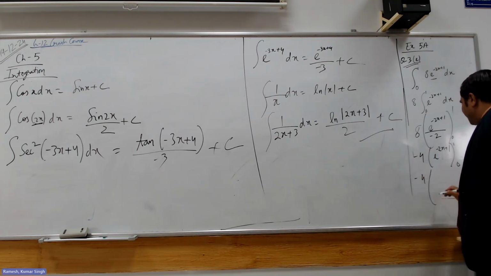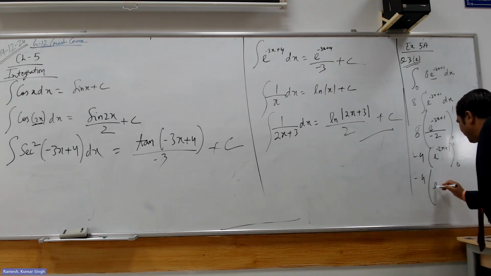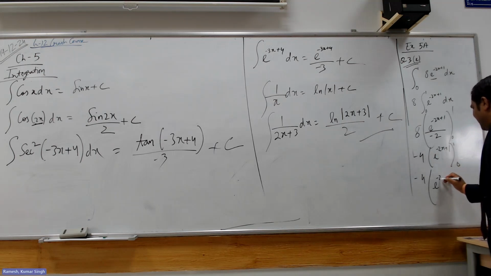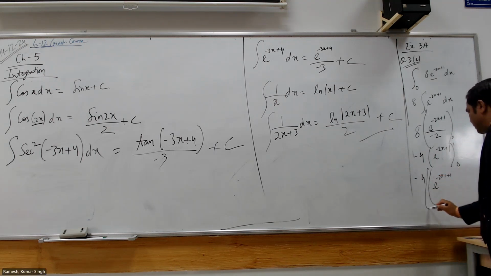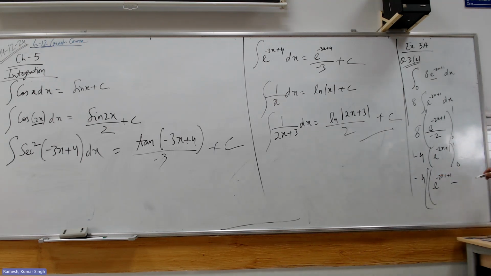So negative 4 e to the power minus 2 times 1 plus 1, the upper limit, minus the lower limit, e to the power minus 2 times 0 plus 1. The upper limit is 1, lower limit is 0. So we get negative 4 e to the power negative 1.